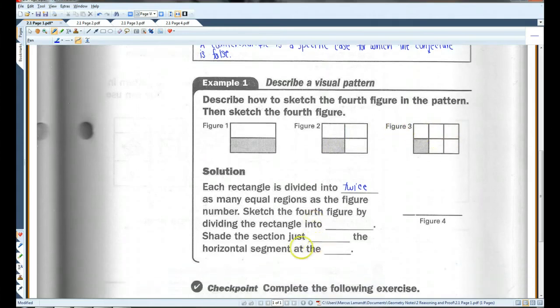Okay? So, in order to sketch the fourth figure, we have to divide the rectangle into eighths. So something like this. It doesn't have to be beautiful.